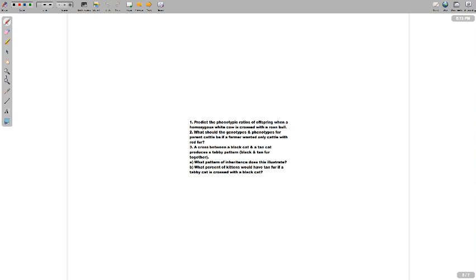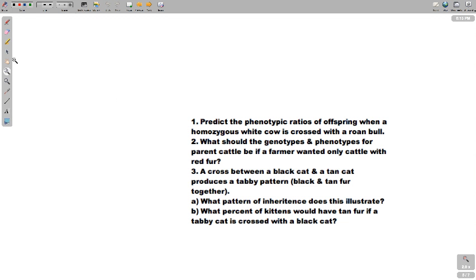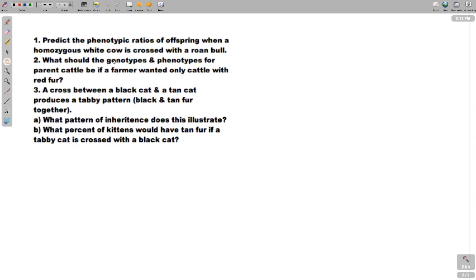All right, this one says, predict the phenotypical ratios of offspring when a homozygous white cow is crossed with a roan bull. Okay, so let me explain roan. Roan is a codominance, and if it was on the test, I would tell you that it's codominance.